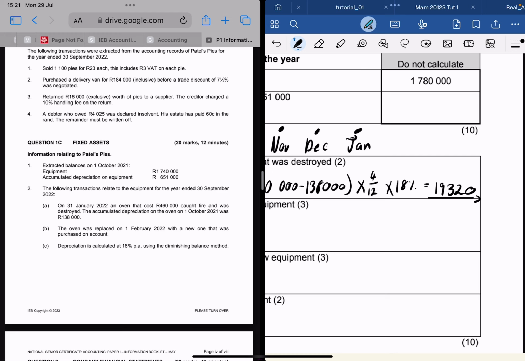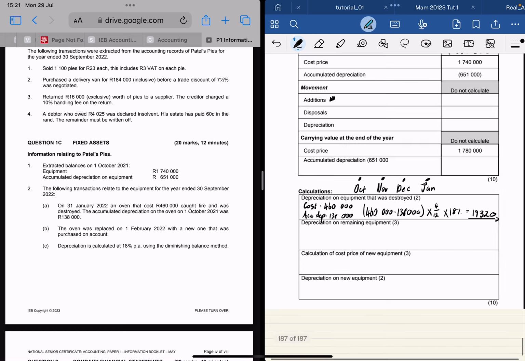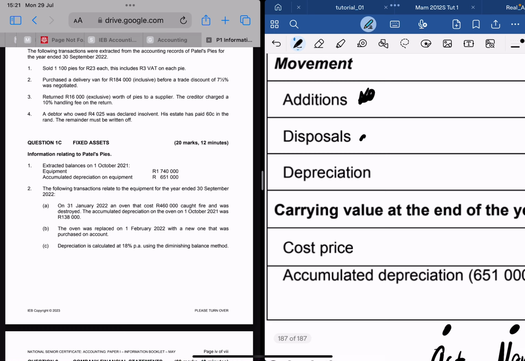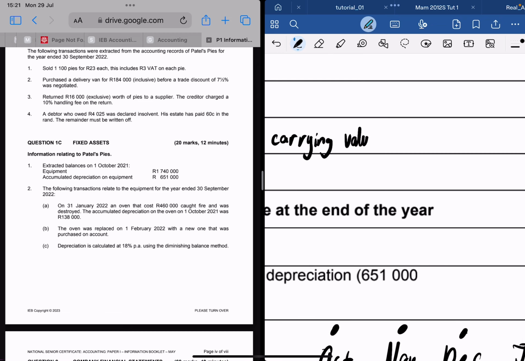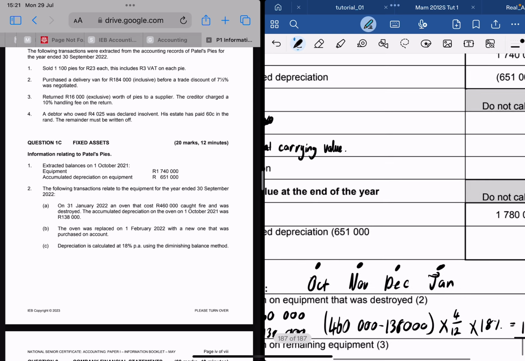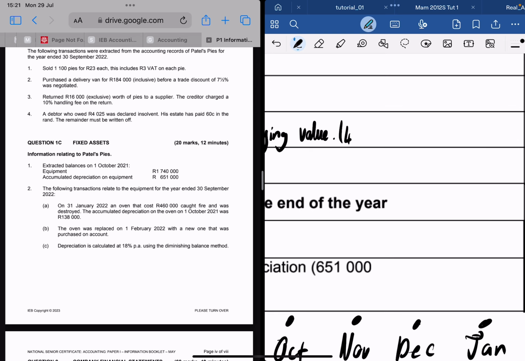2 marks secured. So we read the information. We know there's no other disposals. So when it says disposals here, always know it's at carrying value. So to work that out, our carrying value, we take our cost, which is 460,000.